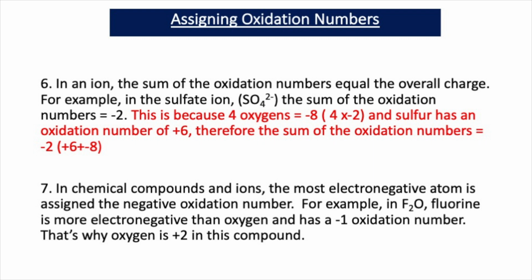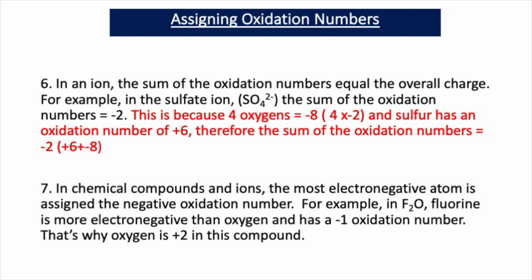So this is because 4 oxygens have a total oxidation number of -8, 4 times -2, and sulfur has an oxidation number of +6 in this ion. So therefore the sum of the oxidation numbers, +6 plus -8, equals -2, the charge on the ion.